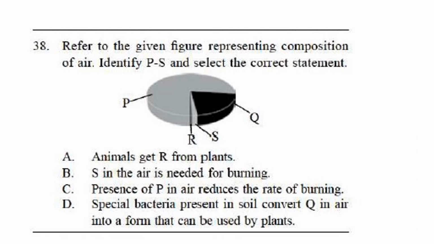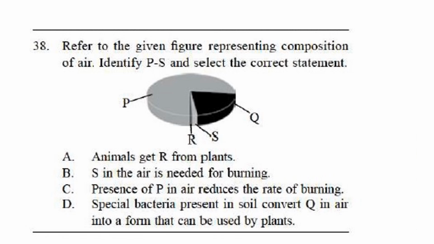Question number 38. Refer to the given figure representing composition of air. Identify P to S and select the correct statement. Here P is nitrogen because nitrogen is around 78% in our atmosphere. Q is oxygen and R is other gases.